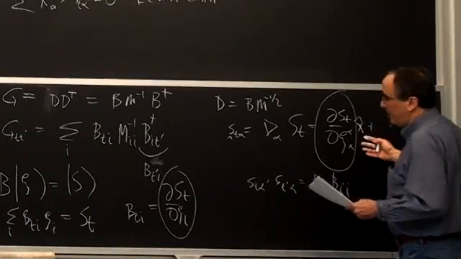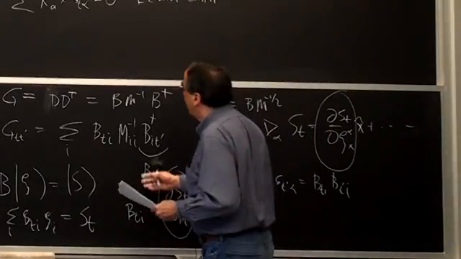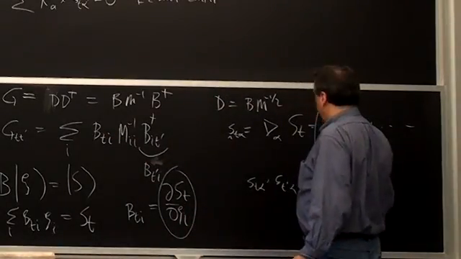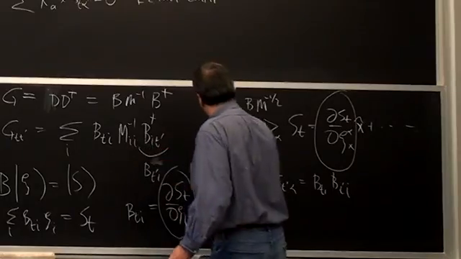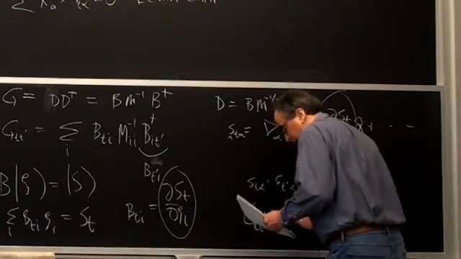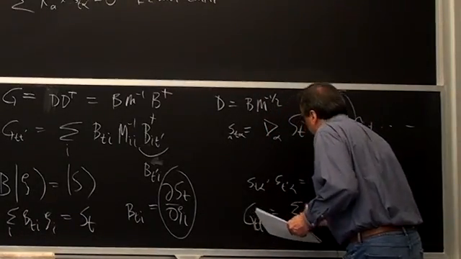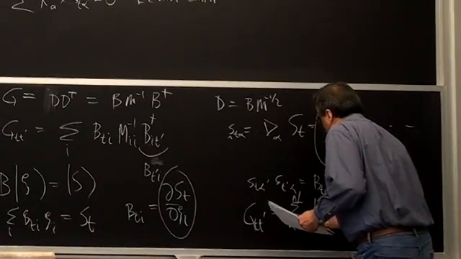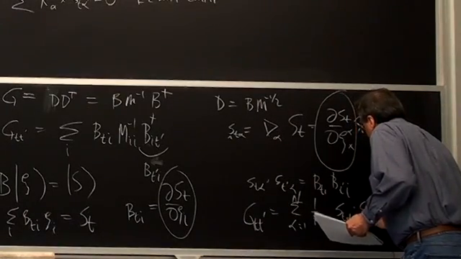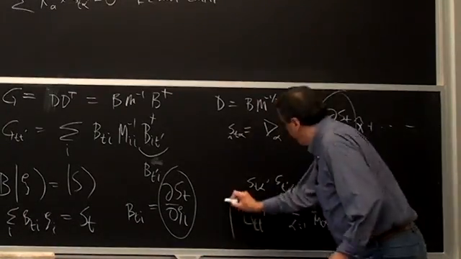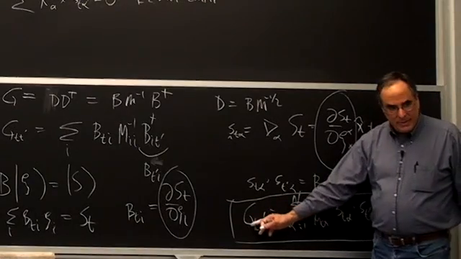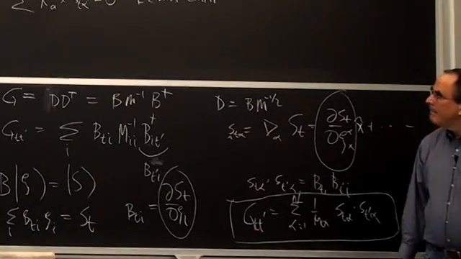And so we're going to be able to take these two things that appear here and use that to write G t t prime is equal to the sum over alpha from 1 to n of 1 over m alpha S_t alpha dot S_t prime alpha. So this is a really important result, that if we can work out the S's, we can work out the G's.